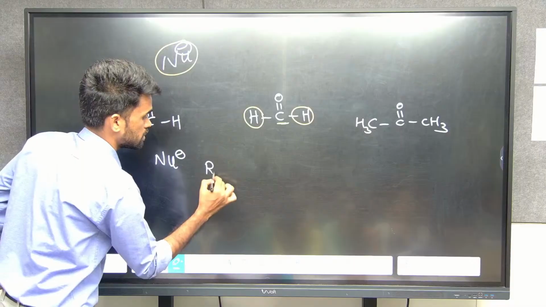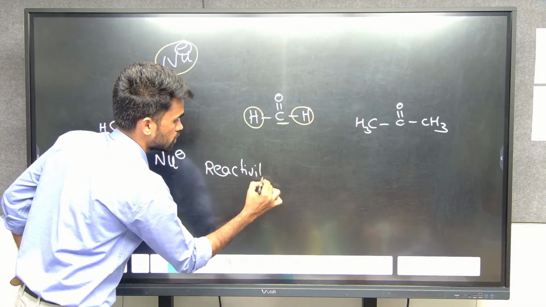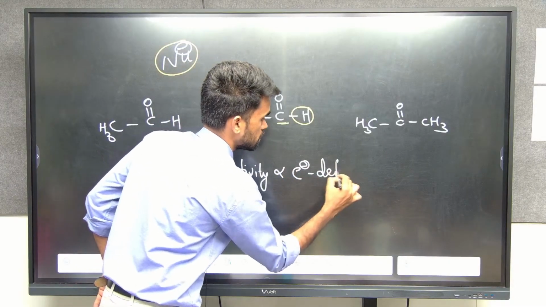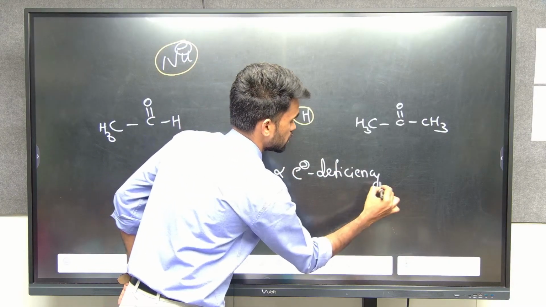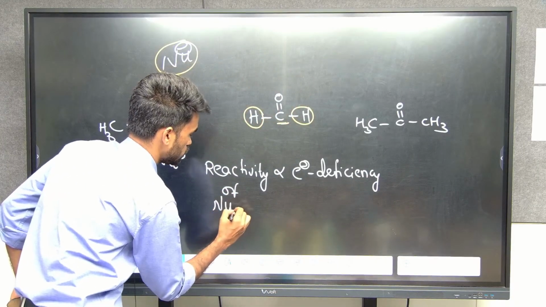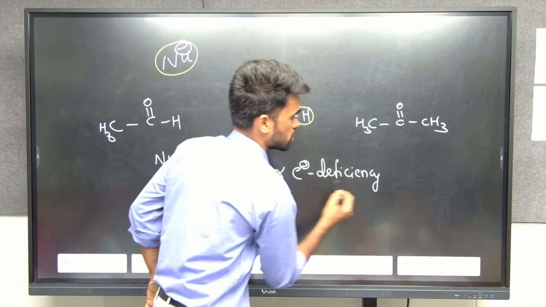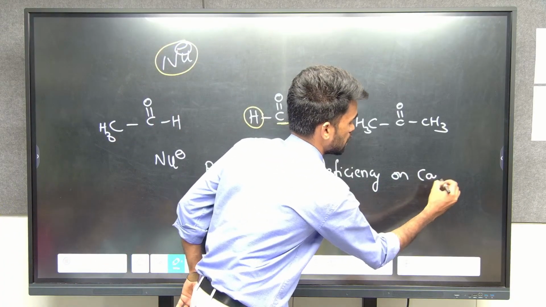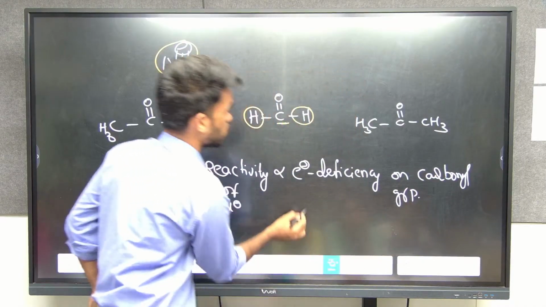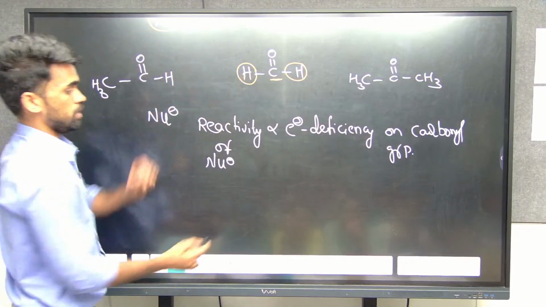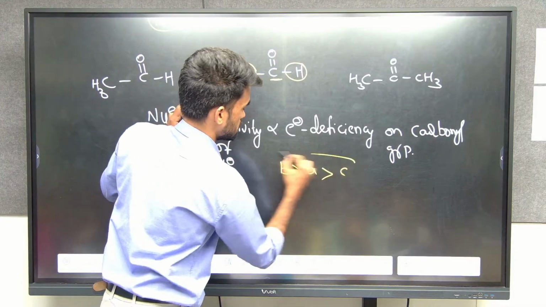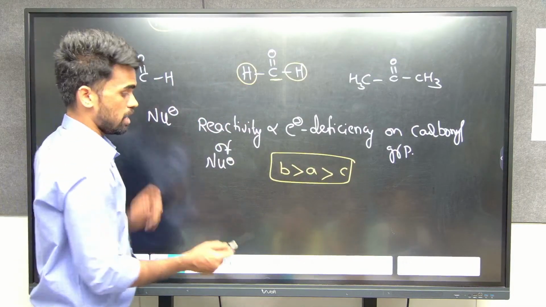So reactivity towards nucleophile is directly proportional to electron deficiency on the carbonyl group. So which is more electron deficient? B. So that is more reactive. After that, A. That's it. This is the nucleophilic addition order.